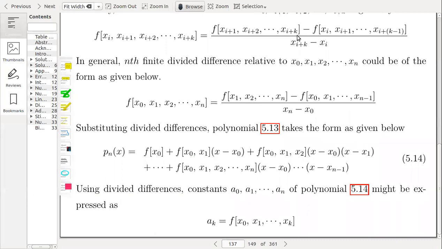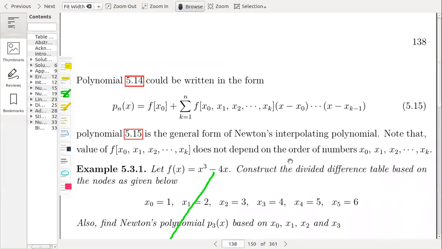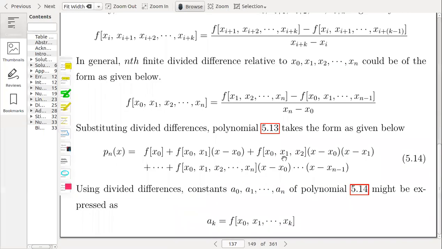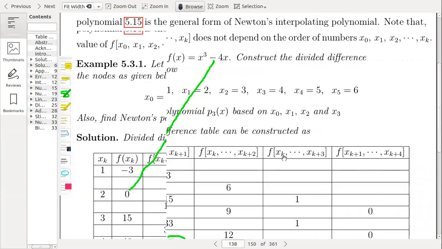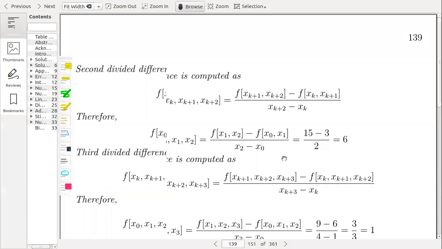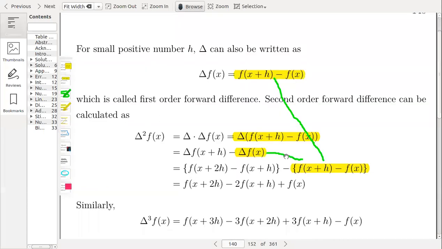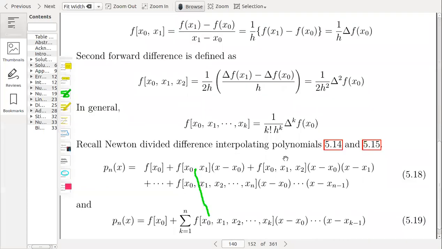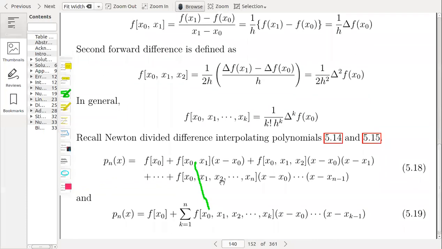Our goal is to write this polynomial by using the forward difference formulas. So now we go back. This polynomial is rewritten here because it has also been discussed in equation 5.14.